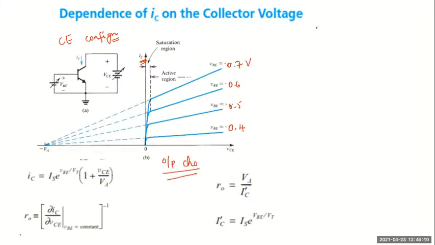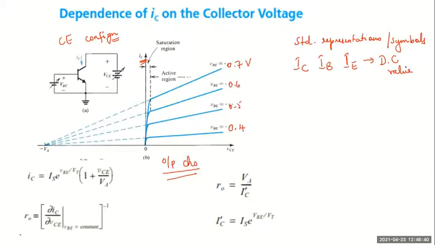And one more thing I want you people to remember is the standard representations. What are these standard representations or symbols, let me say? So if I write both in capital, IC, IB, I'm writing everything in capital, both the parameter and its subscript. If both are in capital, this represents purely DC values. Okay.